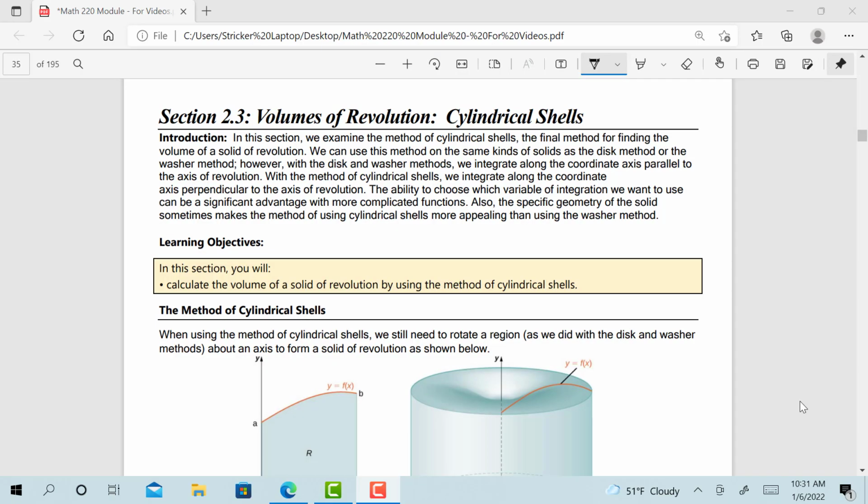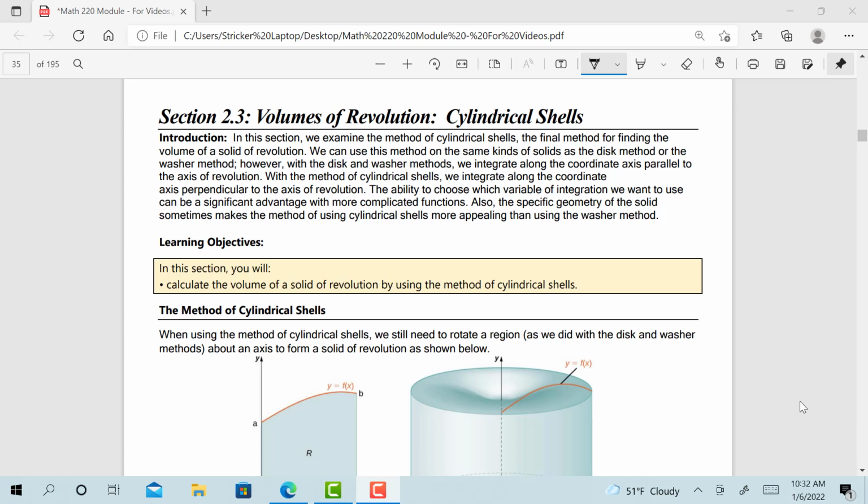Okay, this video covers section 2.3, and the title of the section is Volumes of Revolution, Cylindrical Shells, and it's very similar to the last section we covered, where we took regions and rotated them about an axis to find a volume. But in the last section, we looked at two specific methods.